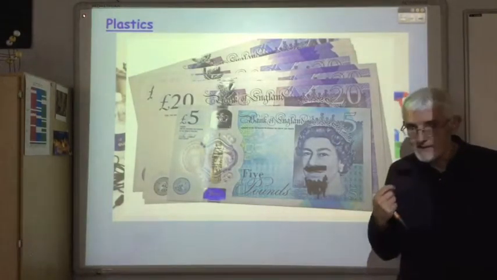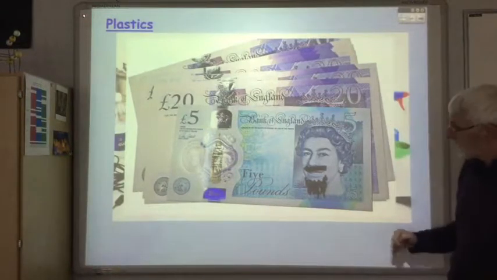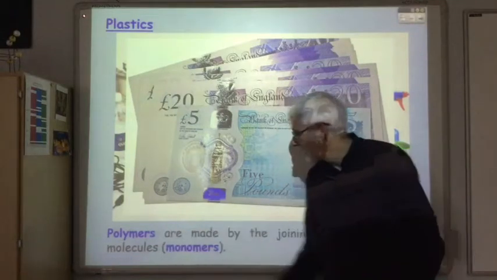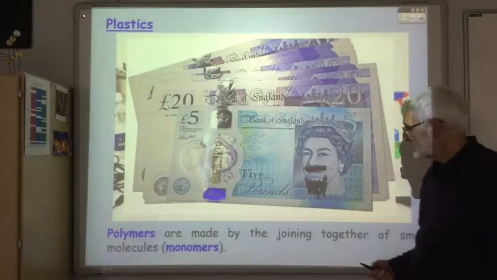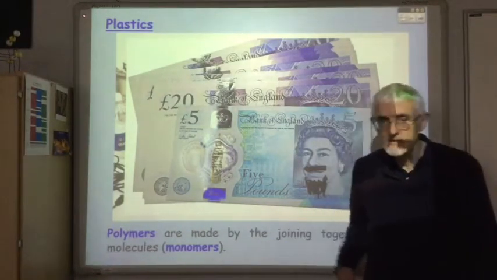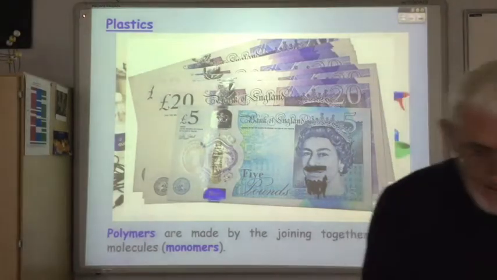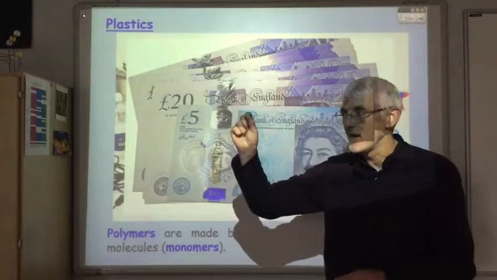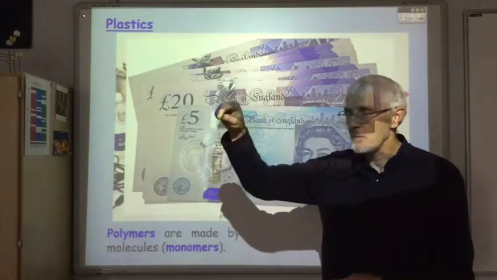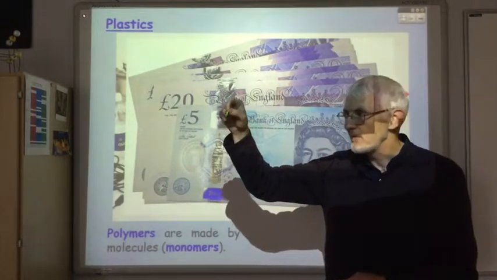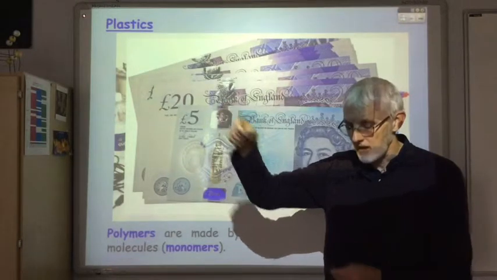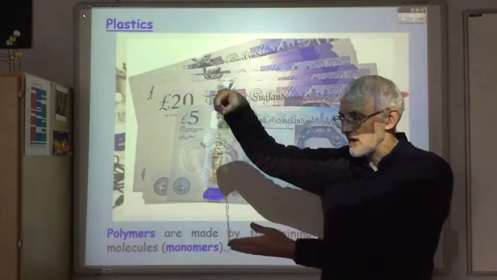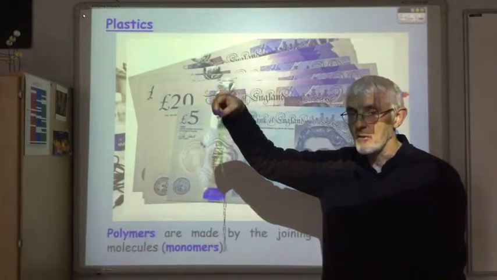So what are plastics? Plastics are known as polymers, and they're made by joining together small molecules called monomers. Now, paper clips are good examples of what I mean here. This paper clip is like a monomer. So if we have billions of monomers and we join them all together, we create a long chain called the polymer.